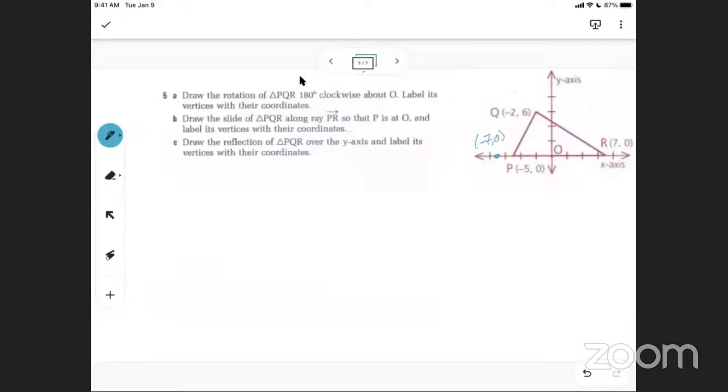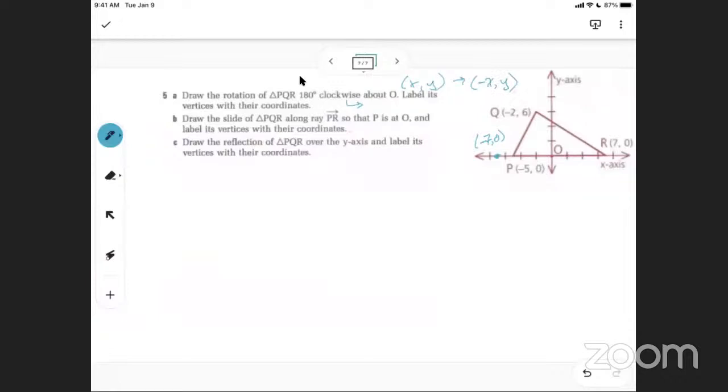So what's the mapping for clockwise? Is it negative xy? So xy goes to negative x comma y. You could just do it like that too.